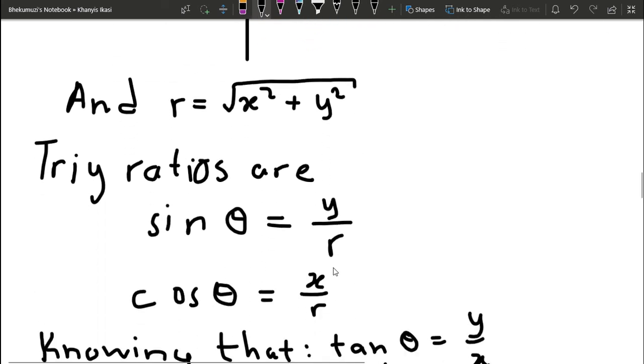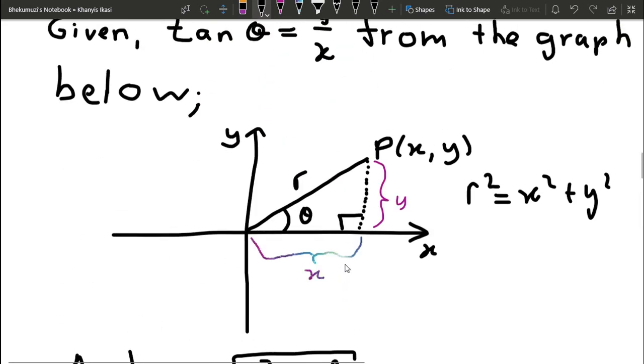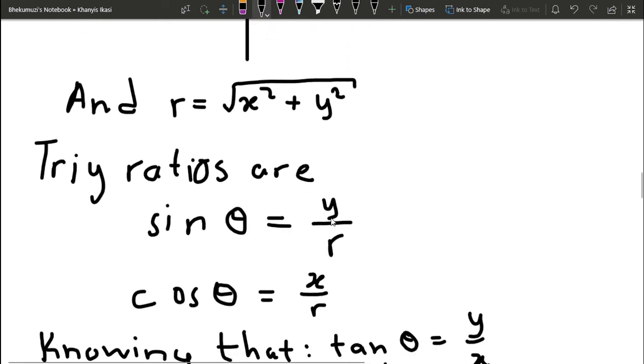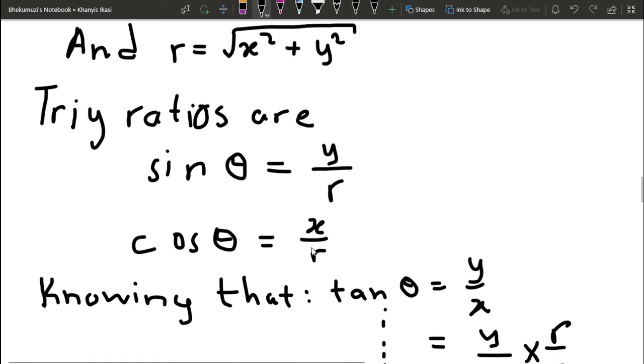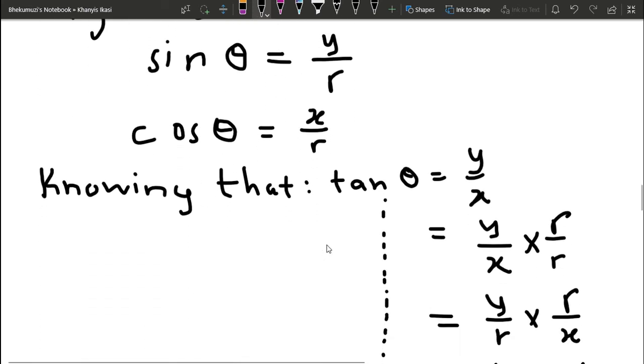Now, notice that the trigonometric ratios are, from this particular diagram, for sine theta it's y over r, and cos theta is x over r. And knowing that, let's take tan theta is equal to y over r and multiply it by 1. Remember, when I say r over r, it's actually 1.